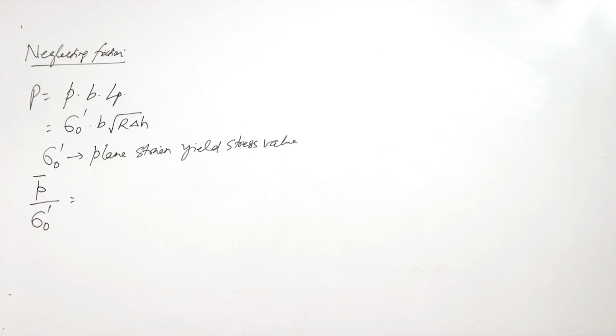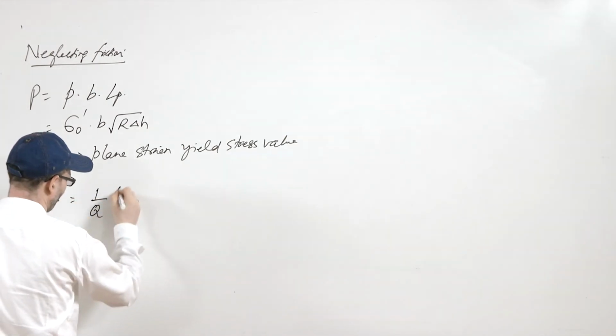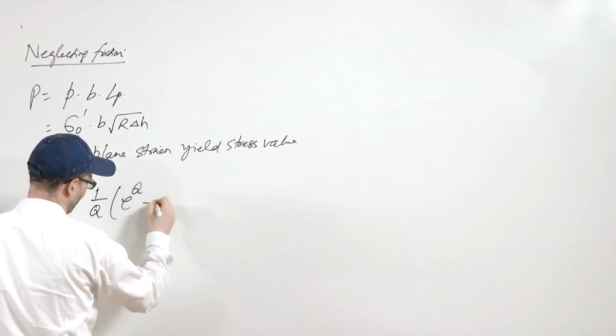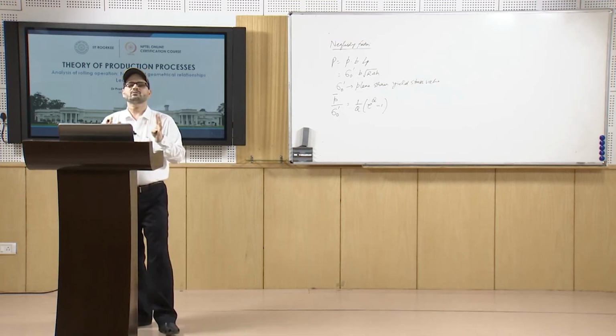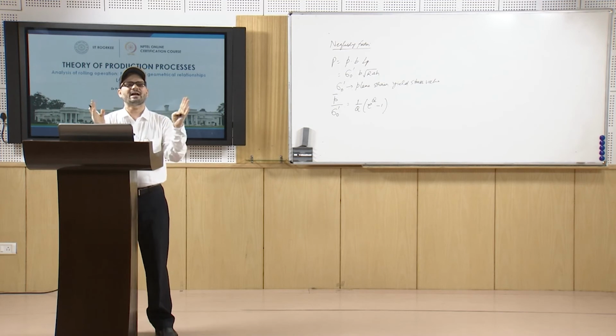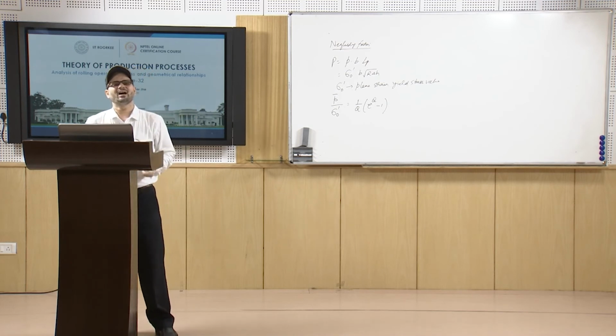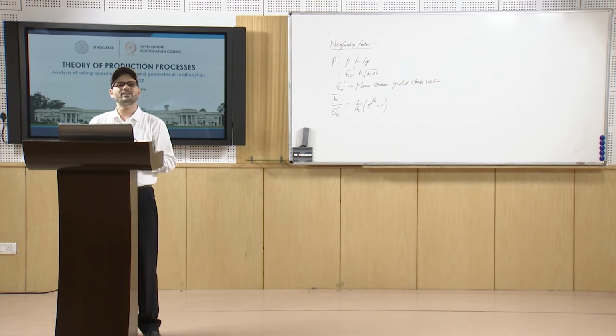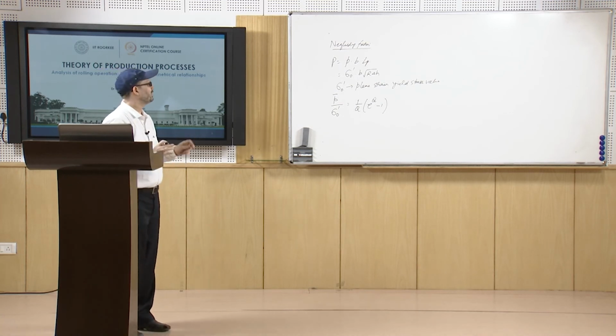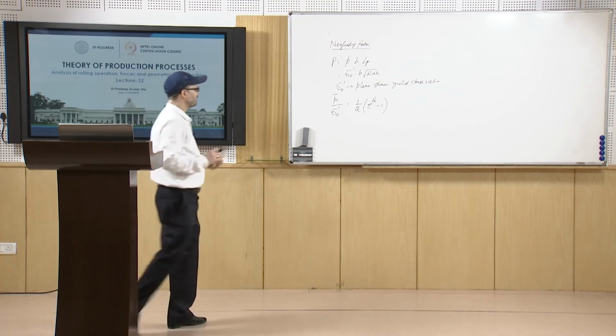Now, in this case it will be equal to 1 by q, e raised to the power q minus 1. Here q basically depends upon the contact where the die is in contact with the strip, and that will be mu into LP divided by H bar.